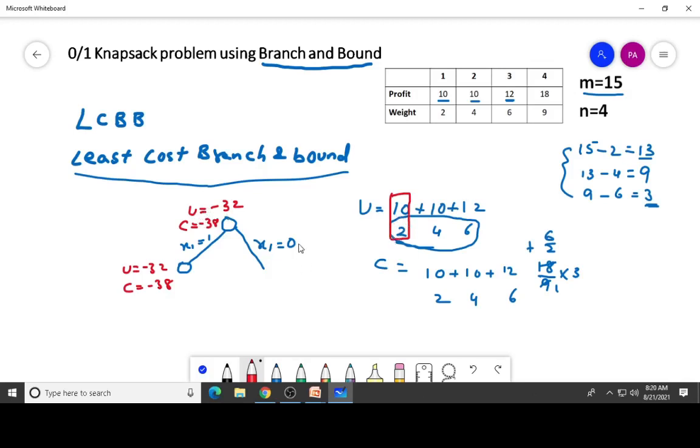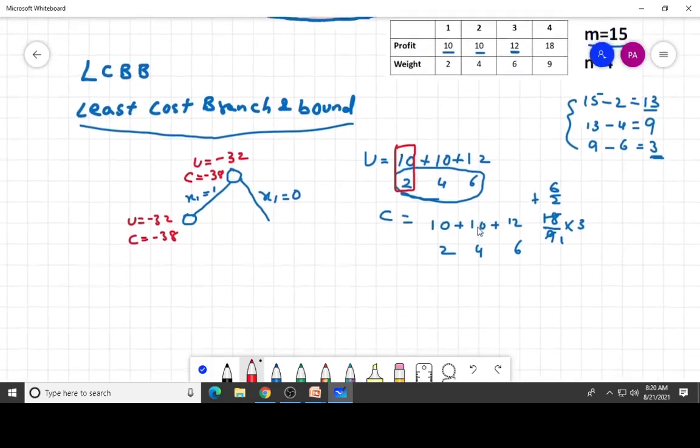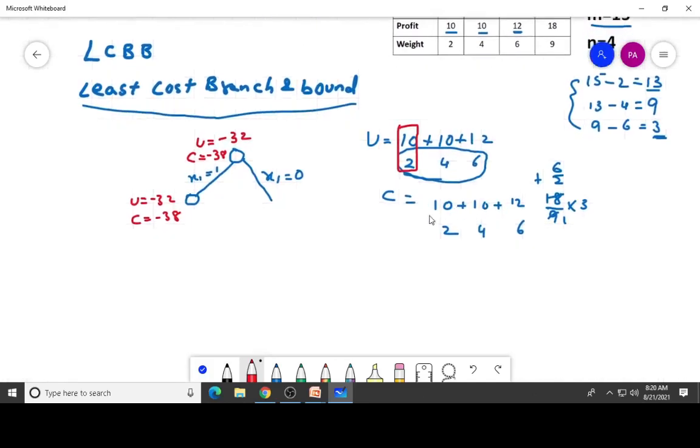If I did not add this, we need to remove it now. We need to do the same. U is equal to, we do not need to add the first item. Now we are removing the first item, so I am going to add from the second: 10 4, then 12 6, 10.